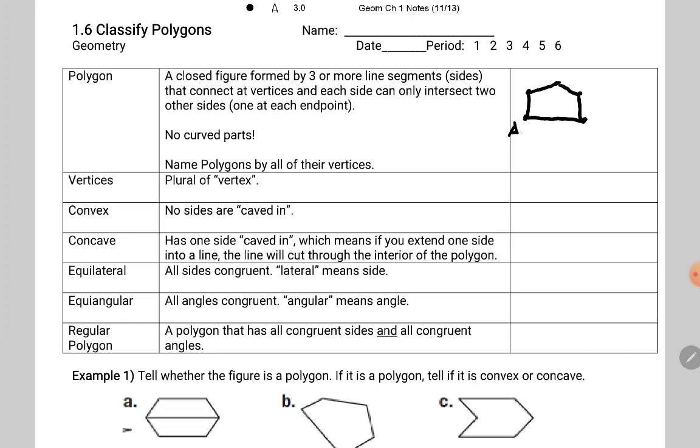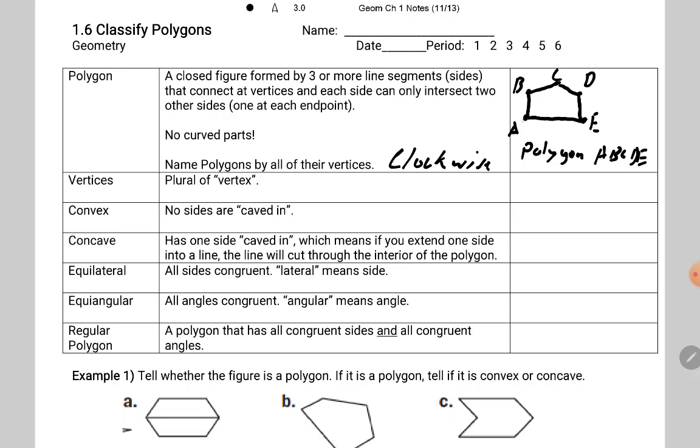So here's A, B, C, D, E, and we would call this polygon A, B, C, D, E. We name polygons by their vertices clockwise.